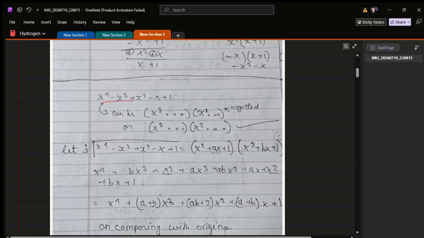When we get this fourth power polynomial, we can take it to be the product of two polynomials. We can take it to be the product of a cubic with a linear, or two quadratics.